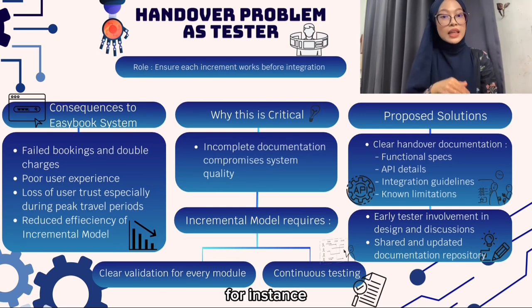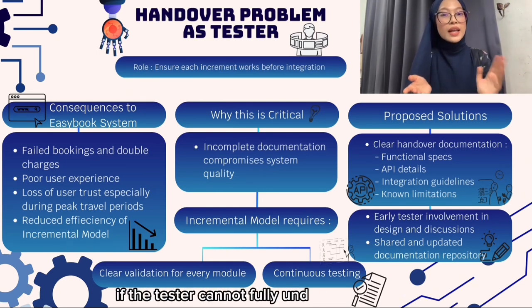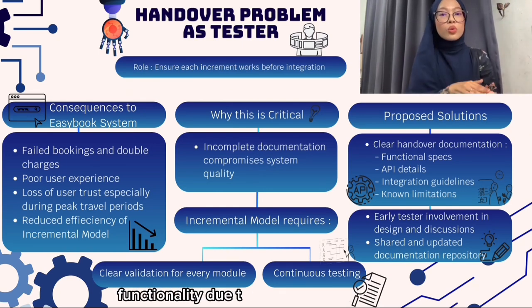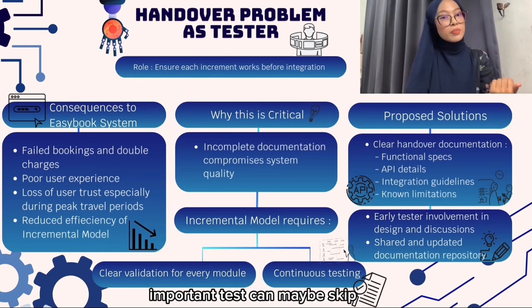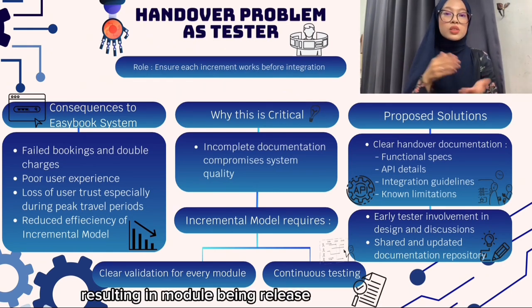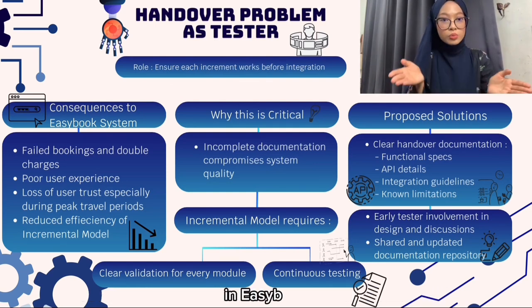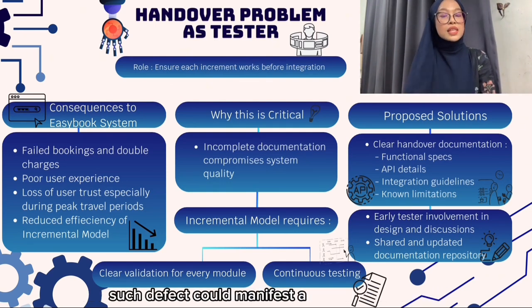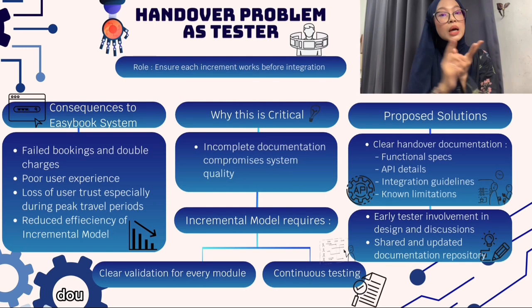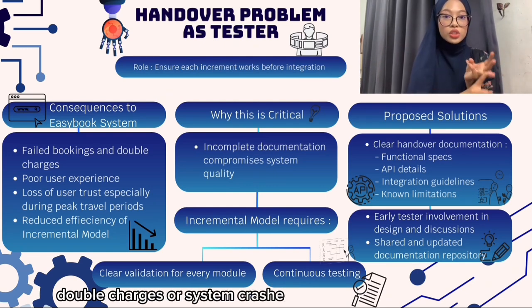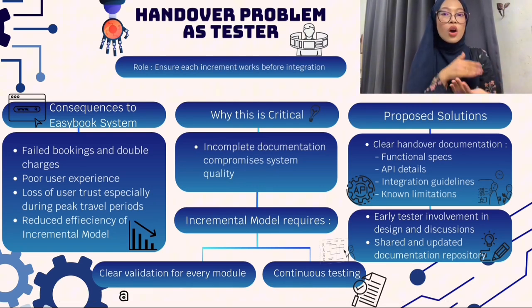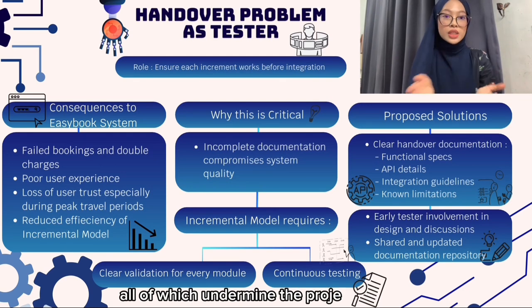For instance, if the tester cannot fully understand module functionality due to missing documentation, important tests may be skipped, resulting in a module being released with hidden defects. In Easybook, such defects could manifest as failed bookings, double charges, or system crashes during peak travel periods, all of which undermine the project's success.